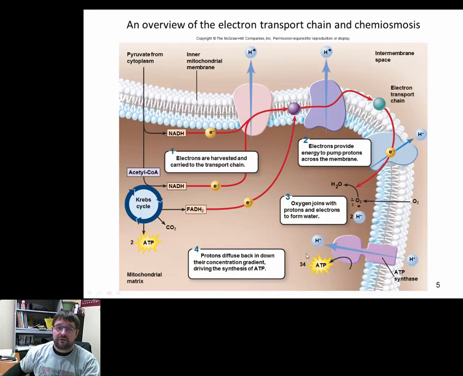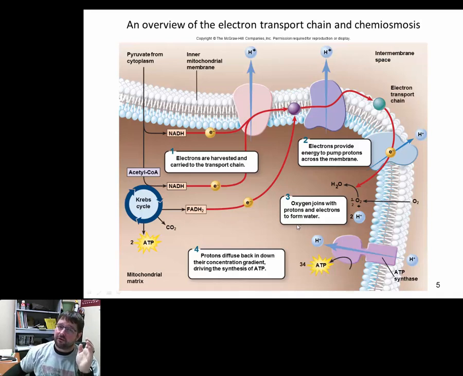And that allows for 34 ATP to be formed from one glucose molecule. Okay, so one glucose molecule, when it's all said and done, is actually going to form 38 ATP. 2 from glycolysis, 2 from the Krebs cycle, and 34 from the electron transport chain.